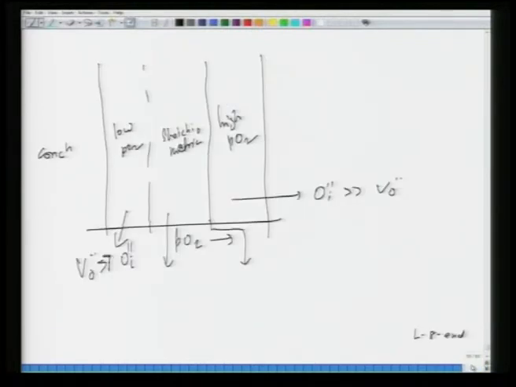And now we are going to look at the limiting conditions for each of these regions, so that we can work out the defect concentration profiles in each of these three regions, which are low PO2, stoichiometric or intermediate PO2, and high PO2.